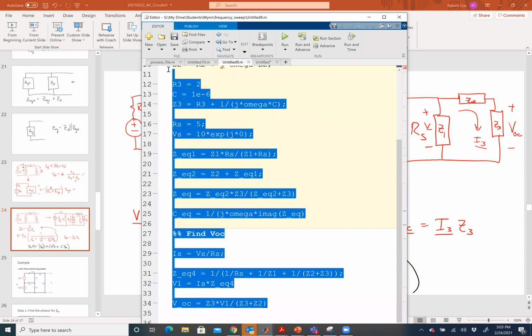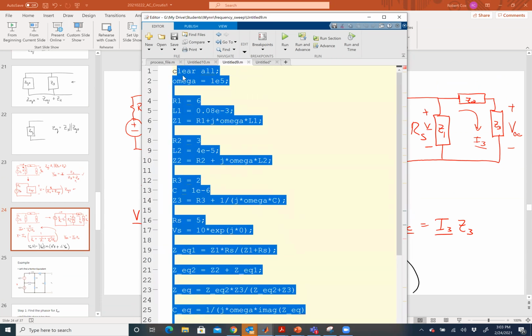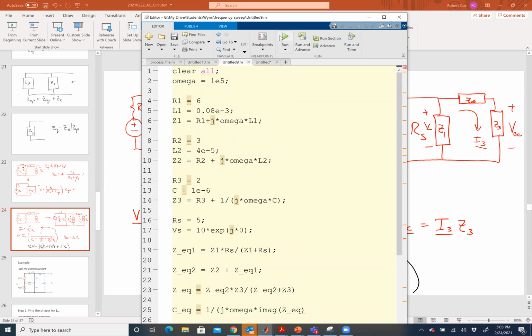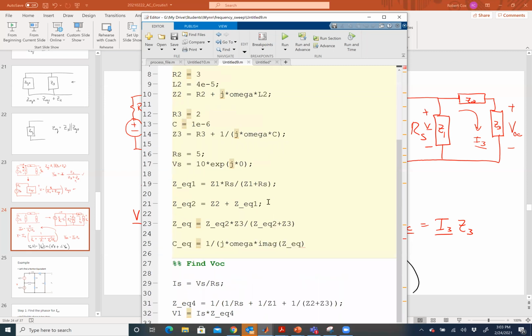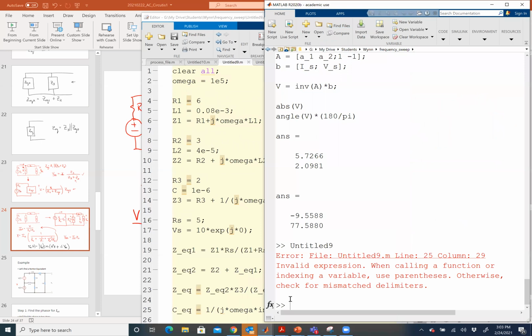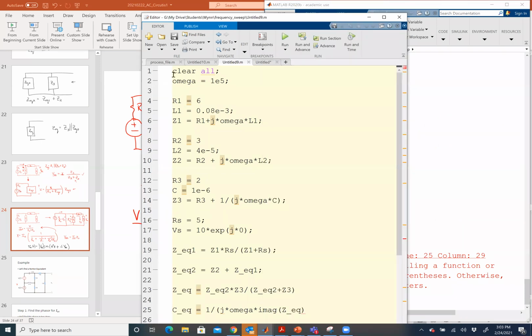So if I do this and I run this code here, let me just run this code. Uh-oh, didn't like me running that code. Why not? Let me do this.